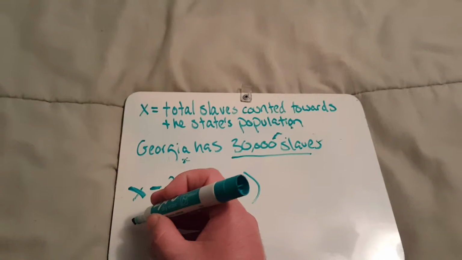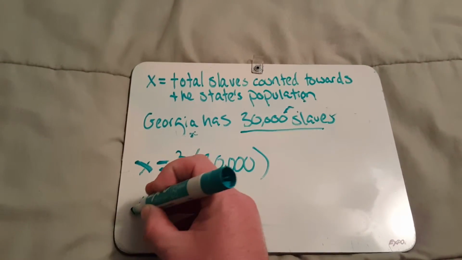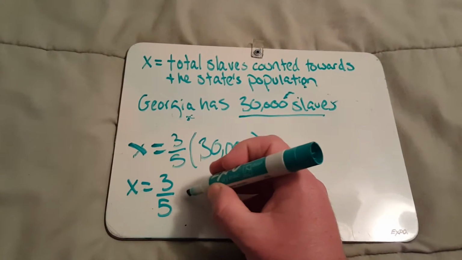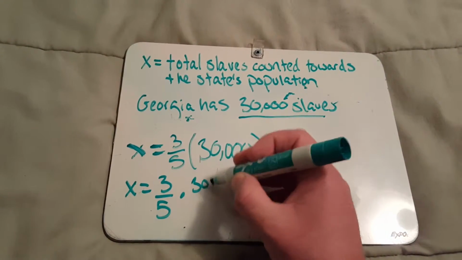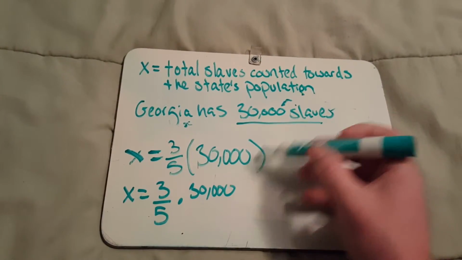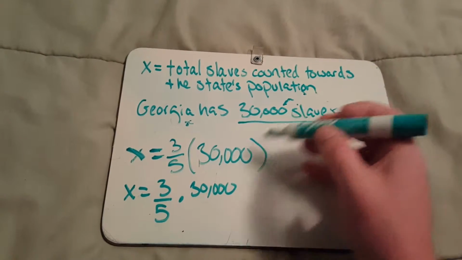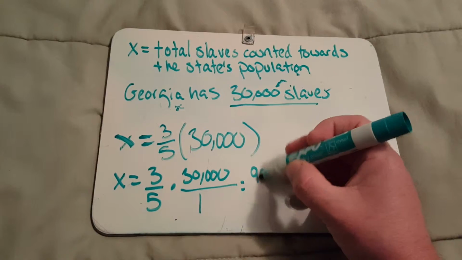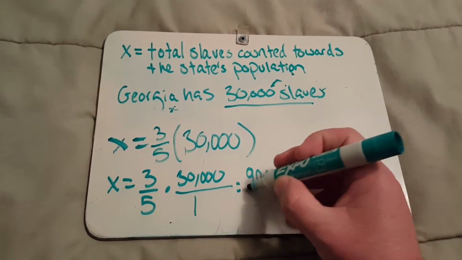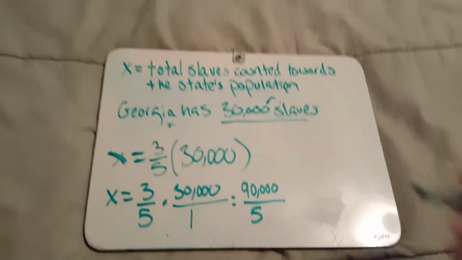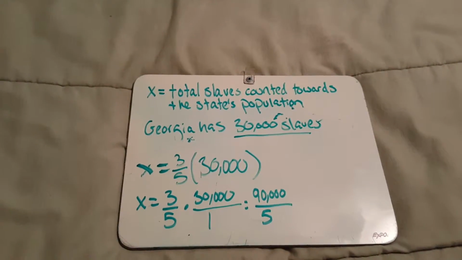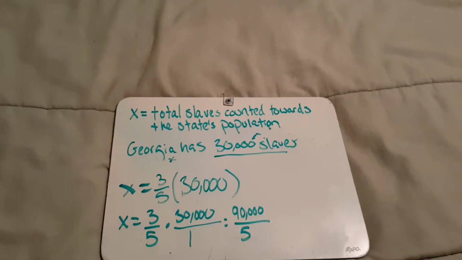So to solve it, we're going to go X equals 3/5 times 30,000. Because remember, that's the total amount of slaves that Georgia has, over 1. That's going to give us 90,000 over 5. So as many of you might be like, oh, okay, well, fractions are really just division.